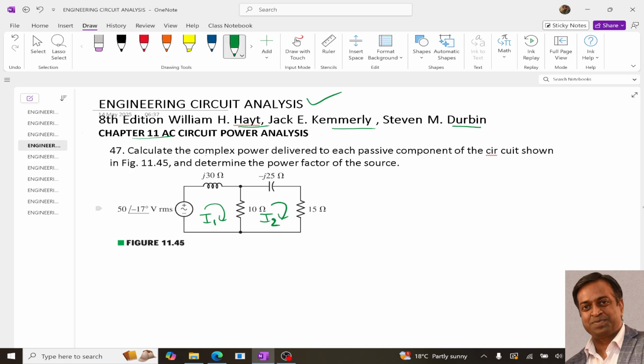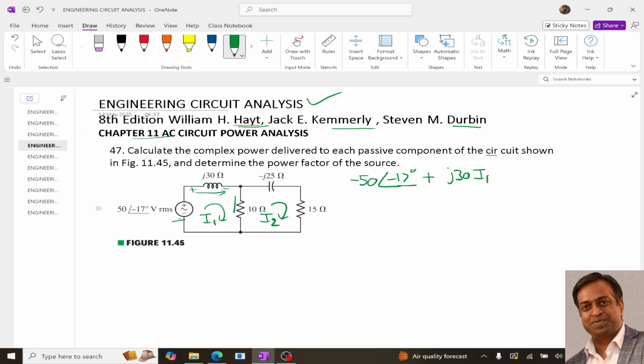If I apply mesh analysis for this loop, for I1, I will get the equation: going minus to plus is negative, so minus 50 angle minus 17 degrees, plus j30 into I1.